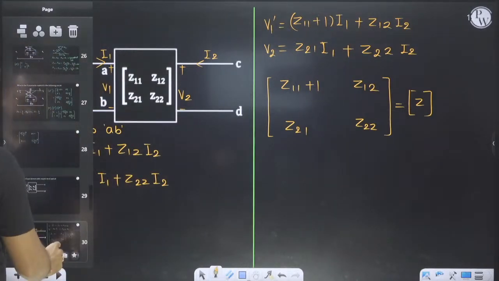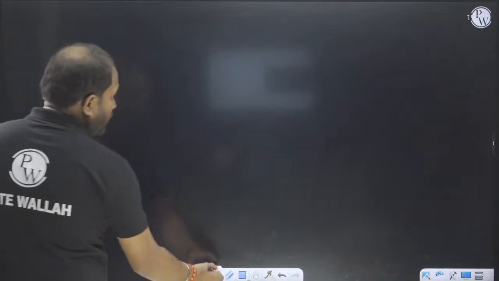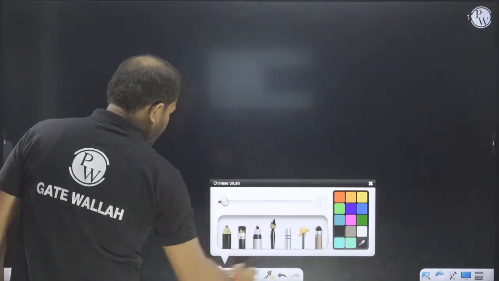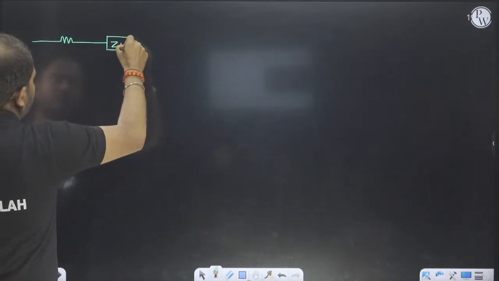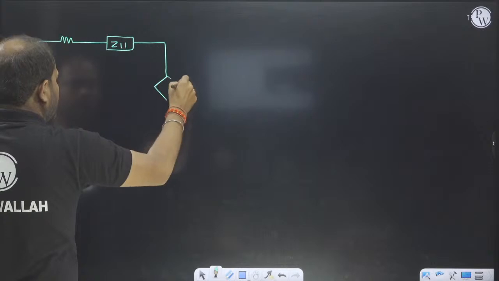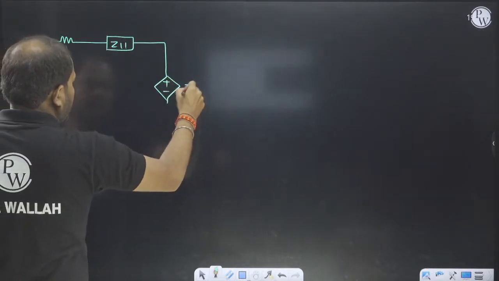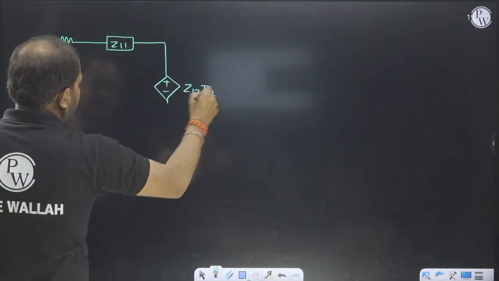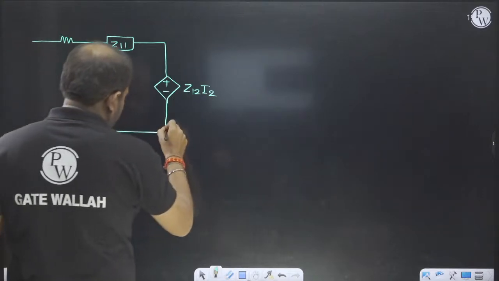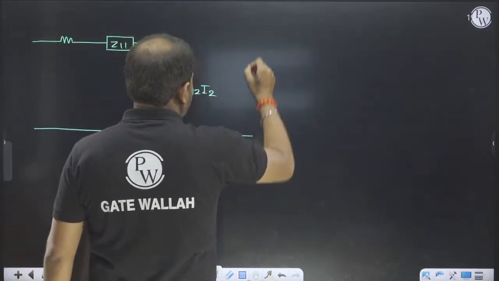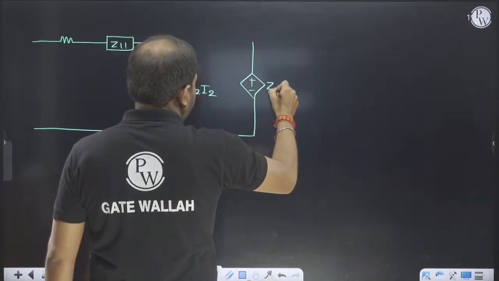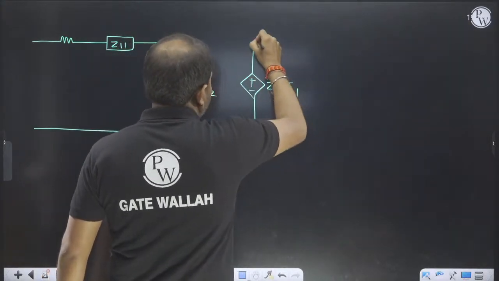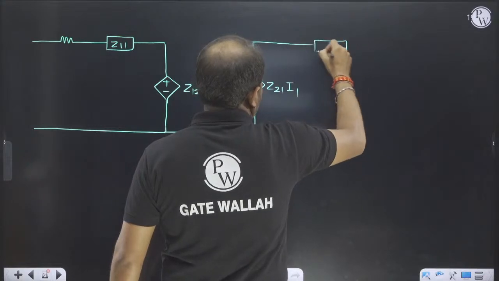We can go through this question using the equivalent model also. This is 1 ohm. This is Z11. This is our dependent voltage source, Z12 I2, and this one is Z21 I1, and this one is Z22.